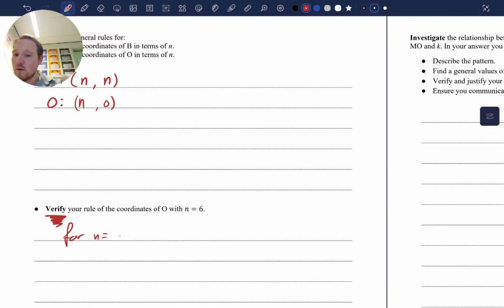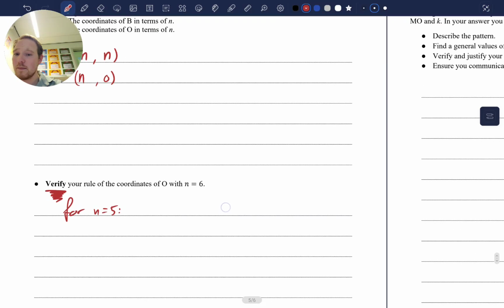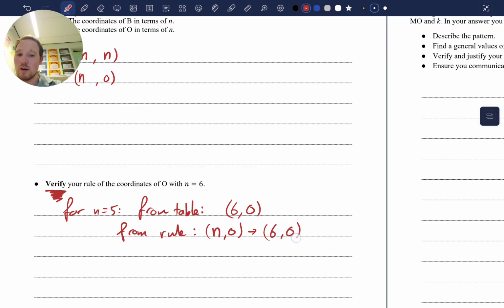For n equals 5, okay, I pointed at B, but the coordinates are about O. We're doing the O rule. From the table, I can clearly see the coordinates of O are 6, 0. From my rule, n, 0 becomes 6, 0 when n equals 6.